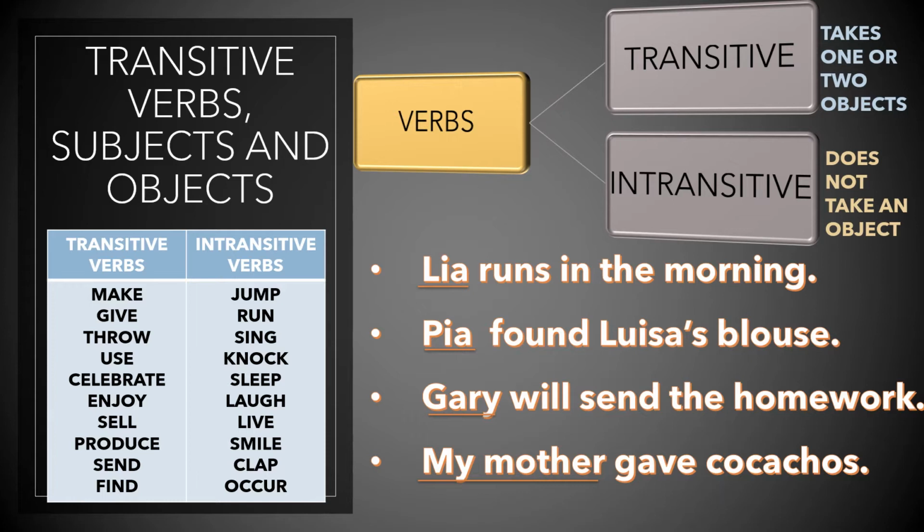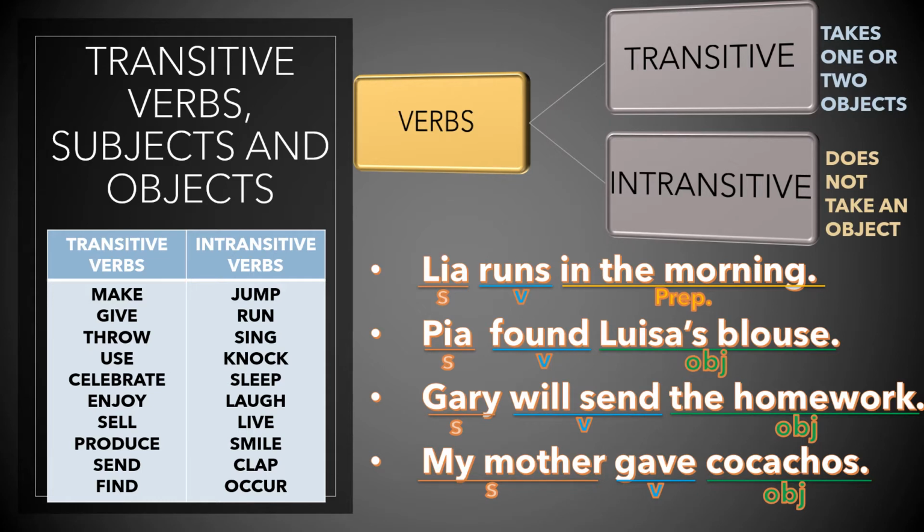My mother gave cocachos, right? So we have the subjects, we have the verb, and then we have in the first sentence a prepositional phrase, and then on the other ones we have objects. So you will see that we have subjects, verb, and objects. This is the structure that you will have when you have transitive verbs.